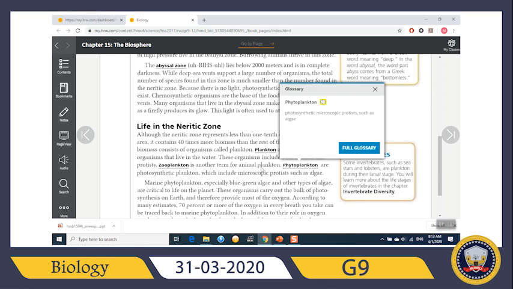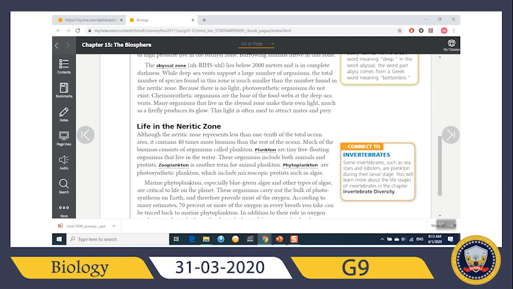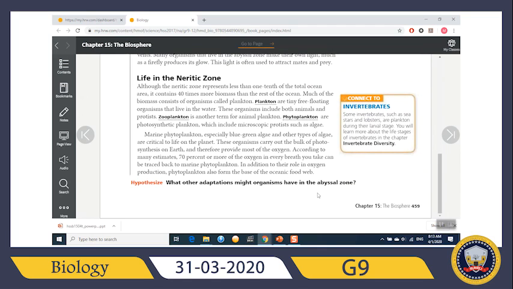These tiny floating organisms are essential for the balance of the marine ecosystem. Why?